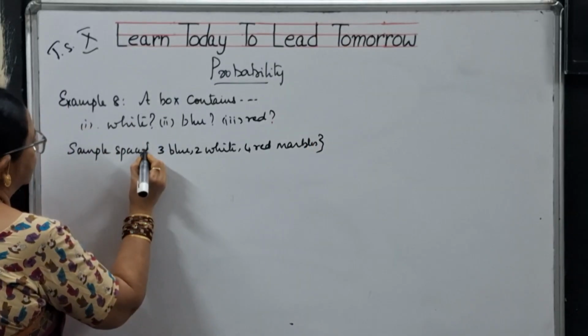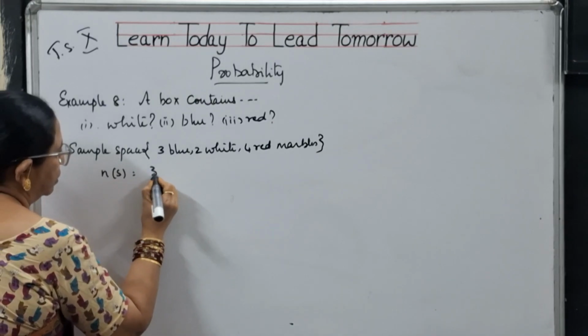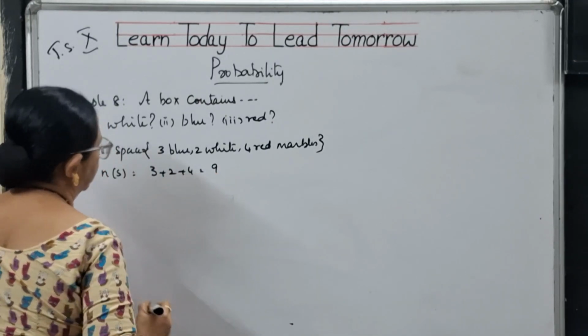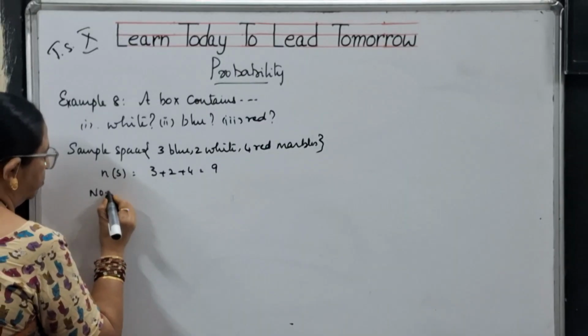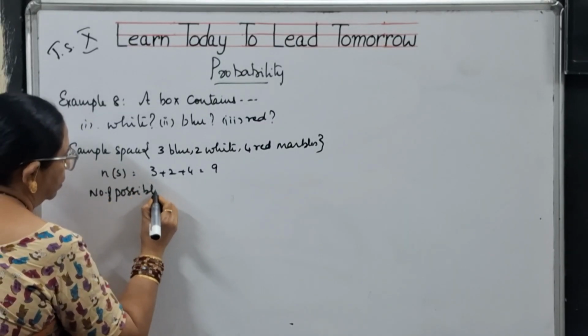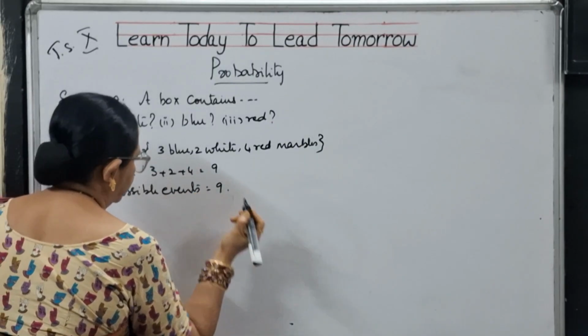That means n of S will be equal to 3 plus 2 plus 4, that is 9. That means number of possible events is equal to 9.